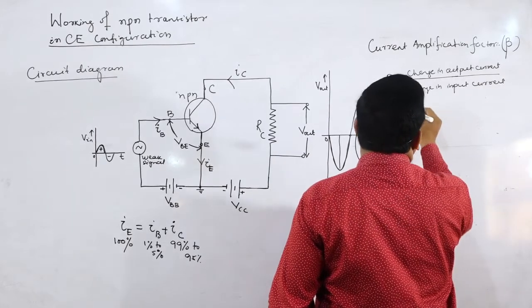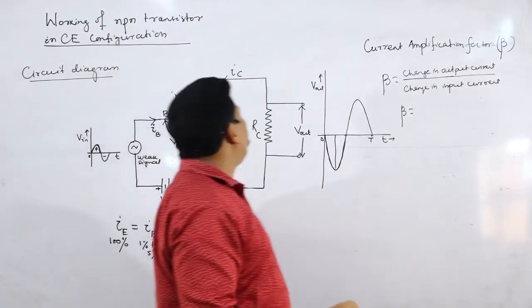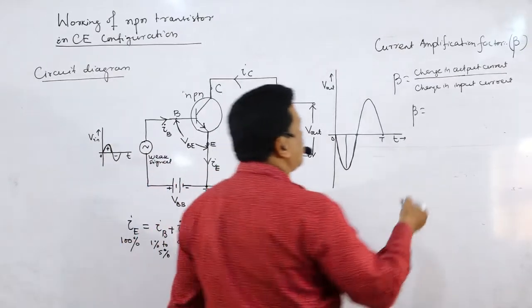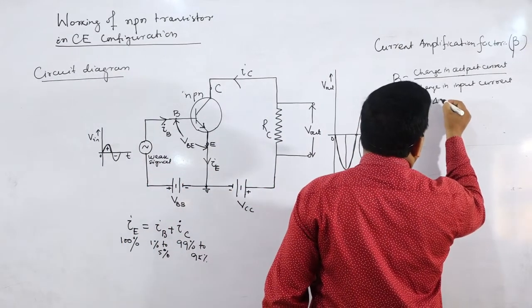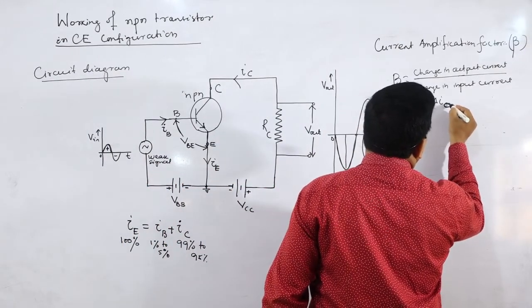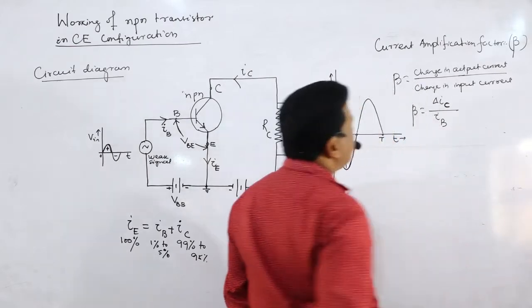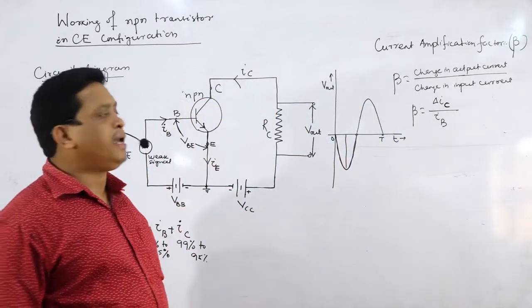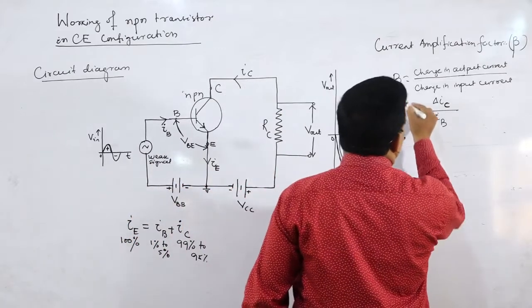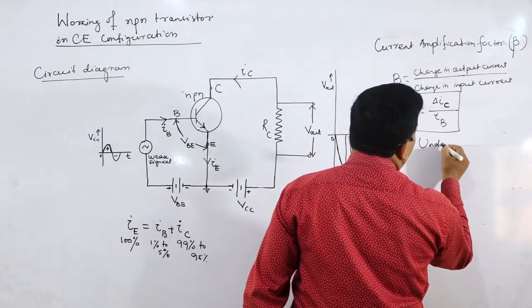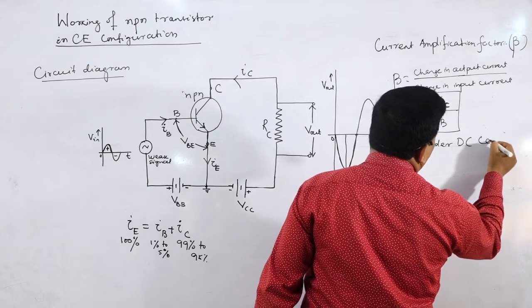Look here, in this case output current is collector current, input current is base current. Therefore beta equals delta IC by delta IB. So this is the current amplification factor under DC condition.